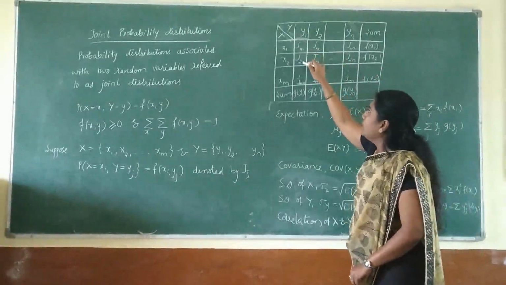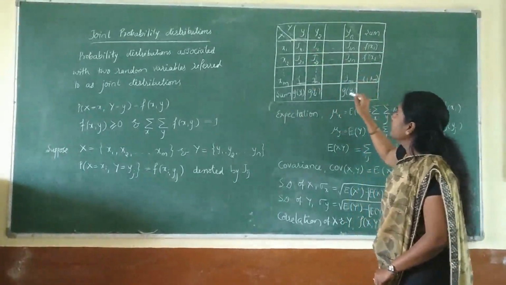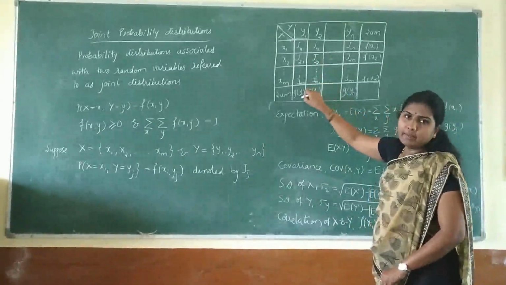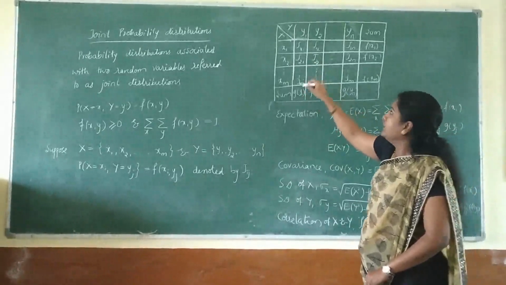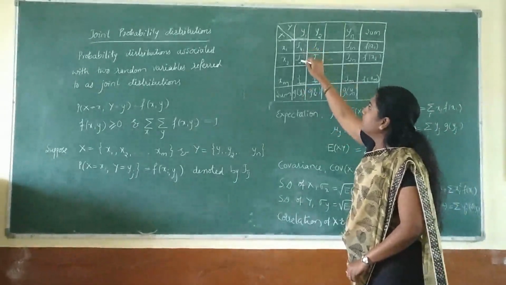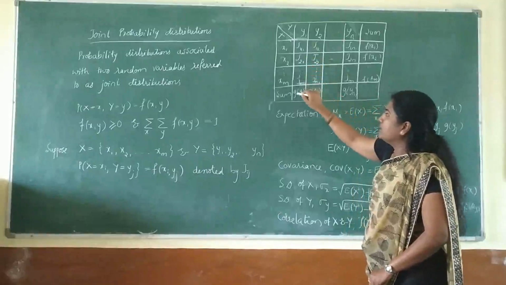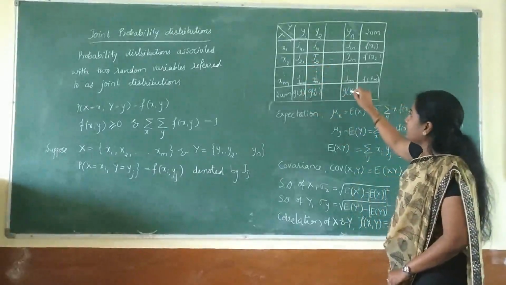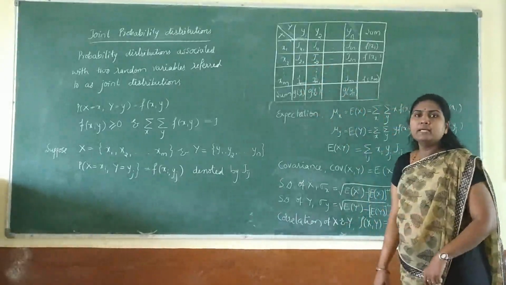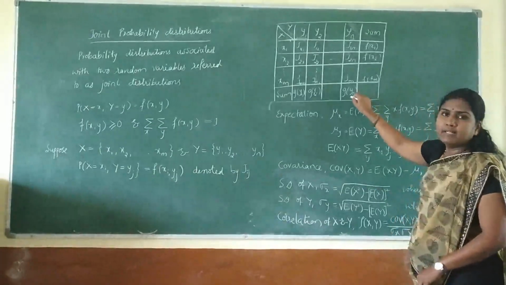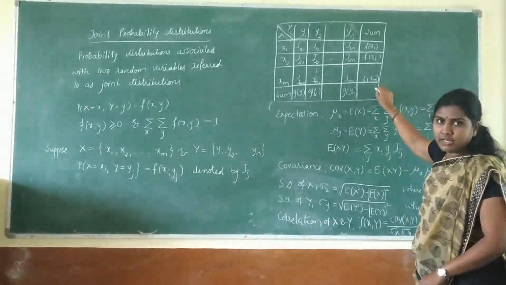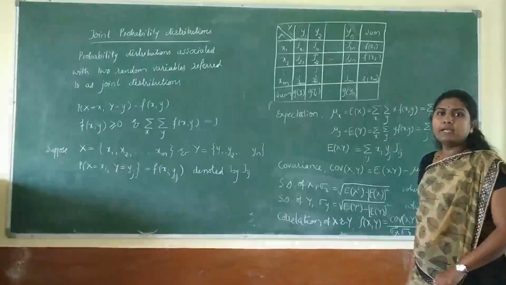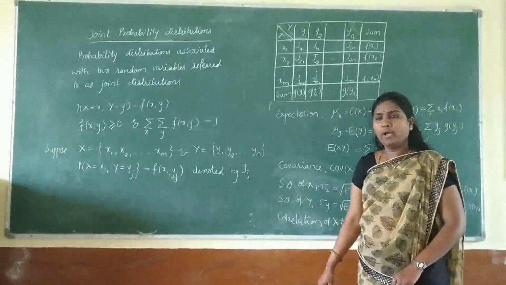If we add the respective rows, we get the distribution for y. That is, if we add J11 plus J21 up to Jm1, the sum we get is g of y1. Same way, the last is g of yn. This is the joint distribution table. From this table, we need to write the separate distributions for x and y.